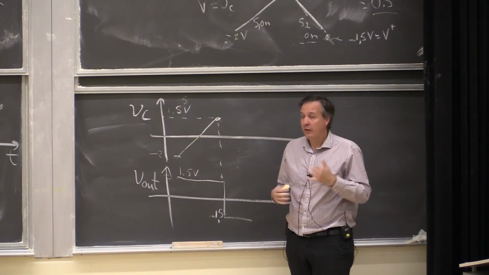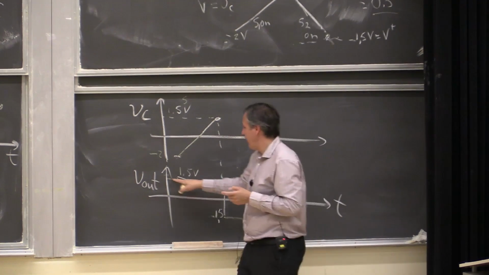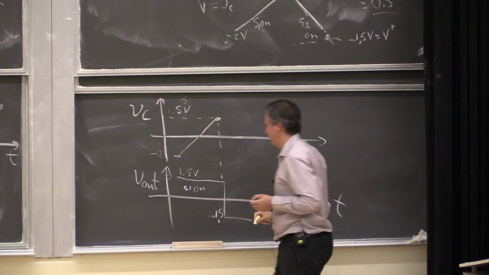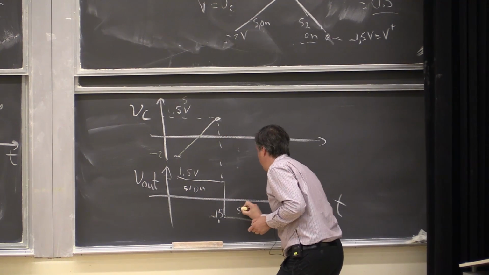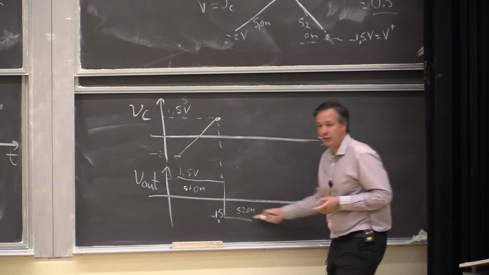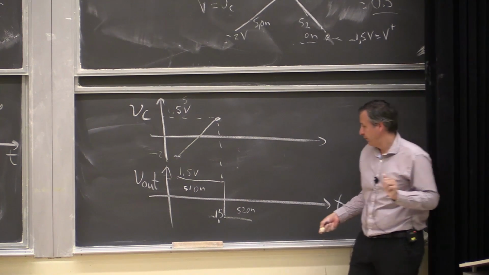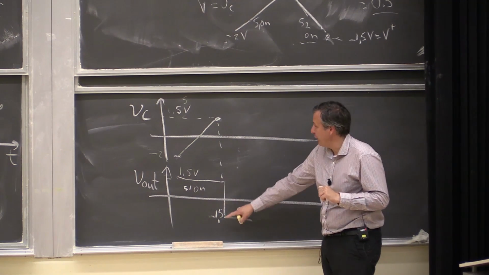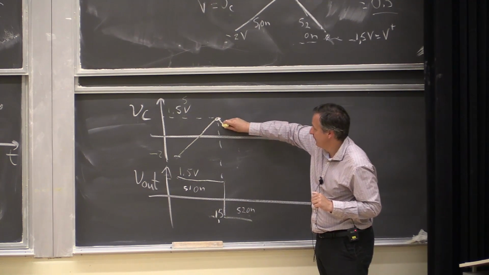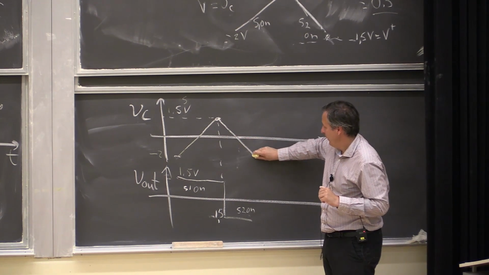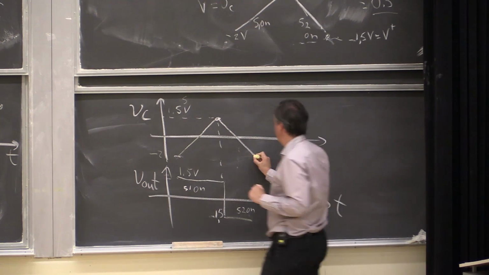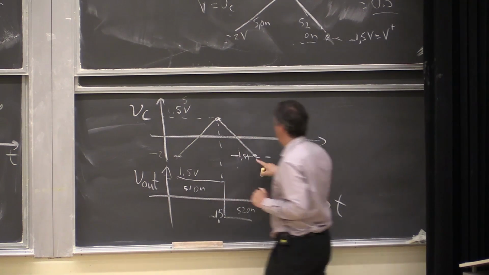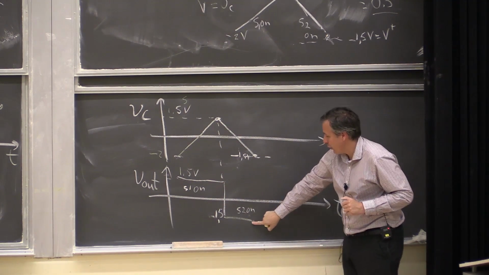Now, I will say that S1 is on when V out is 1.5. So this is S1 on. And S2 is on when the comparator flips the state. So if S2 turns on when the comparator flips, I'm going to start discharging. Okay? And the moment I hit minus 1.5 in discharging, I'm going to compare to this level.